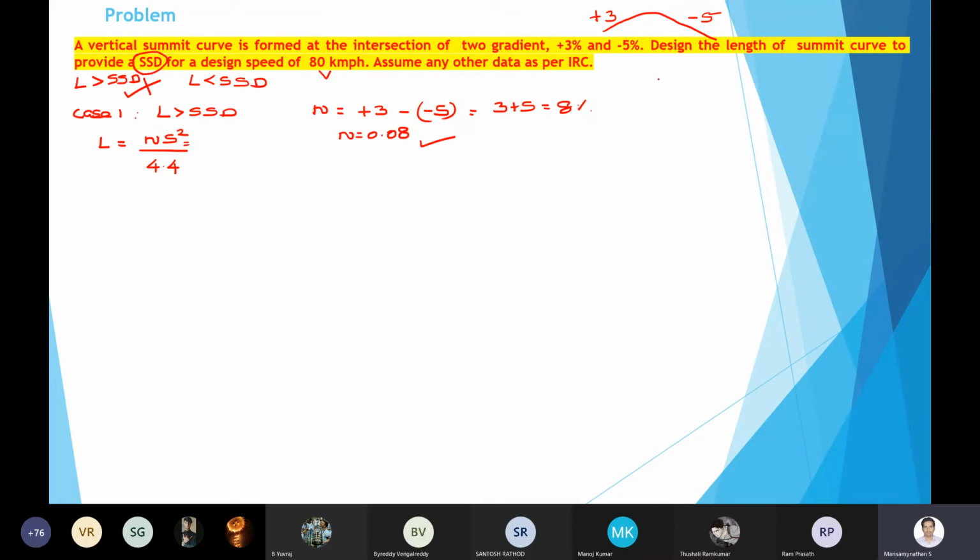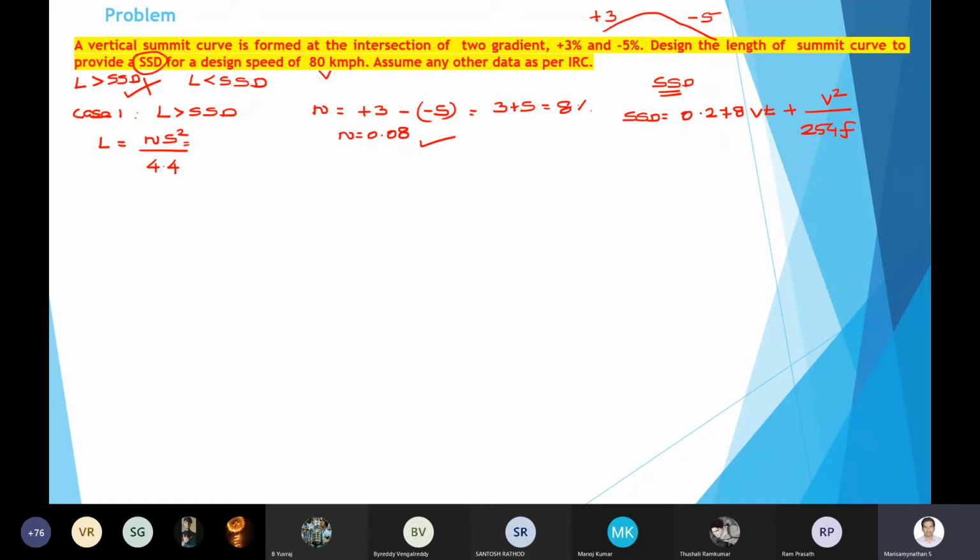SSD is the safe stopping sight distance, which is not given in the formula, but you know how to estimate it. The SSD equation is 0.278 into V into T plus V squared divided by 254 into F. The effect of the gradient on SSD we are assuming is compensated.